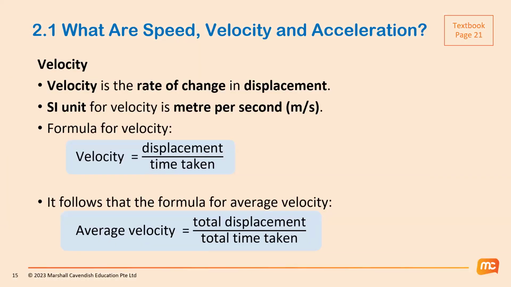Next, the difference between speed and velocity is that speed is a scalar quantity because I use distance divided by time. Since distance is a scalar, speed will also be a scalar. But velocity is a vector quantity because I replace the distance with displacement.